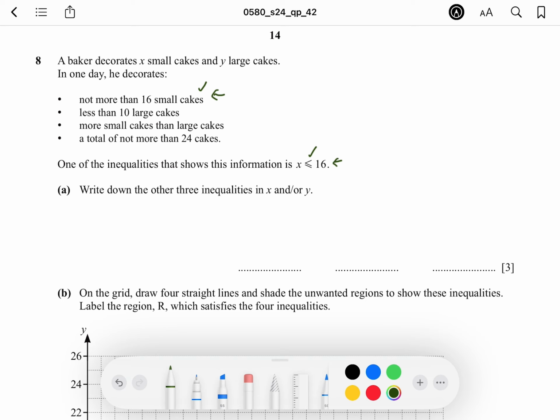So artinya kalau less than 10 large cakes, artinya pakai X ke pakai Y? Y less than 10. Okay? Equal ke tidak?